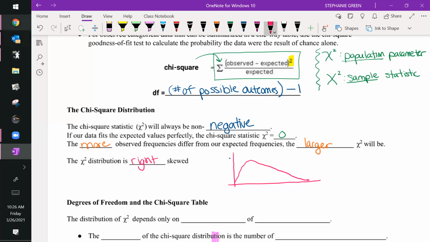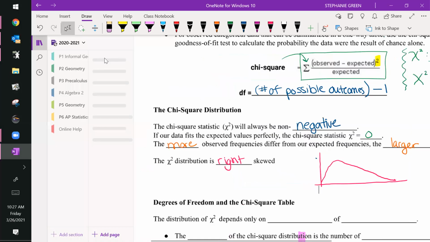Okay, and you have a chi-squared table. It's in the set of tables you should have got at the beginning of the year, along with your Z table and T table and your formula sheets. Remember, your Z table, your T table, your formula sheet, and this chi-squared table will be provided to you for all parts of your AP exam. And they should look, from what I've seen in the past, identical to the ones that I gave you.